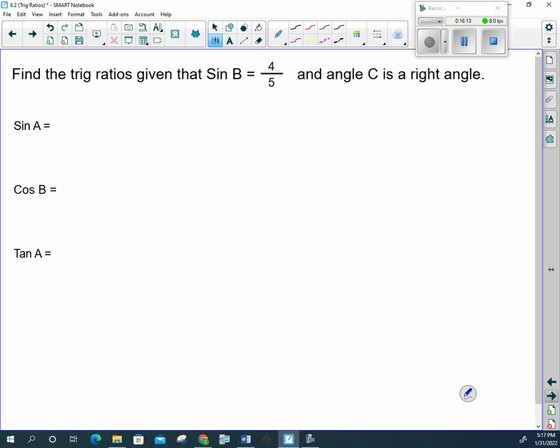Okay, this one says find the trig ratios given that sine B equals 4/5 and angle C is a right angle. Okay, so let's go ahead and draw a right triangle. Let's put our right angle in, so we know that's going to be C, because that's where the right angle is. Now, A or B is up to you. I think I'll put A down here just so it kind of looks to scale, and B is right here.